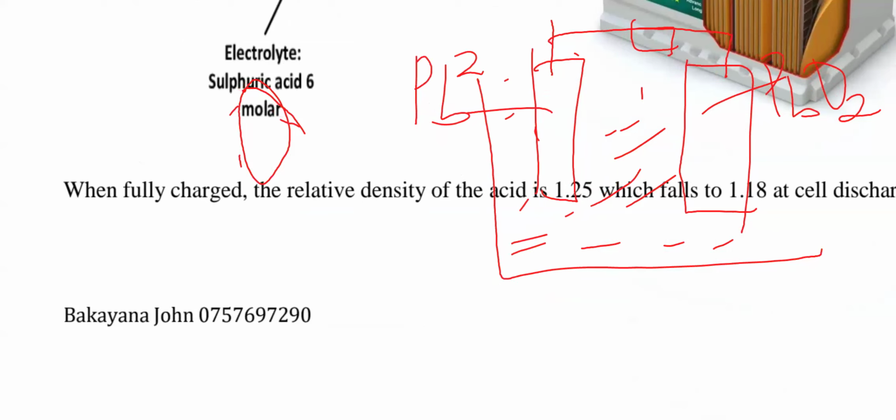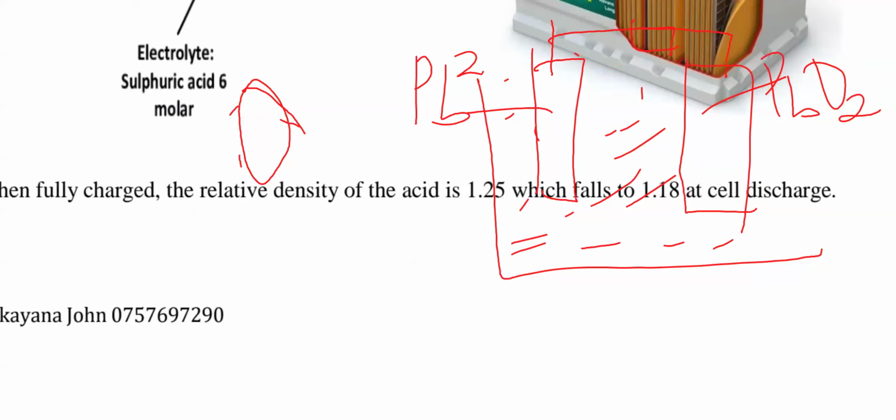First of all, we have this statement: when the battery is fully charged, what is the relative density of the acid? That one you just need to know. The relative density of the acid is 1.25 when it's fully charged.